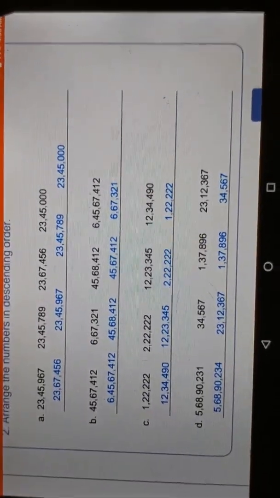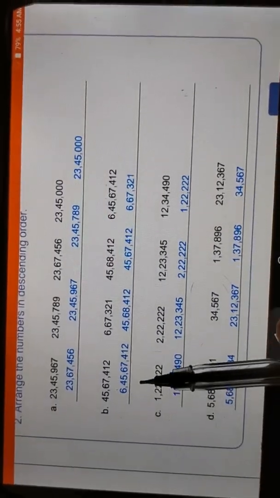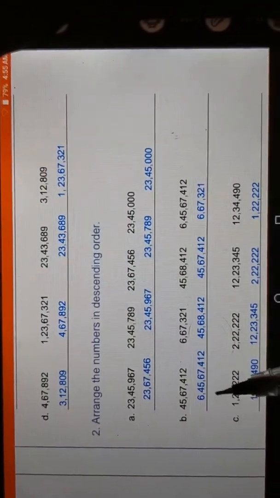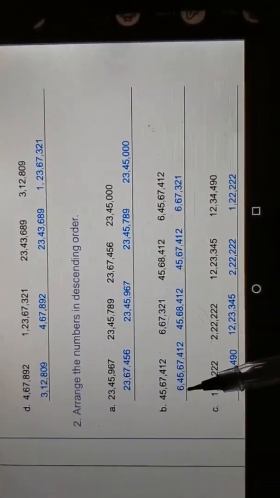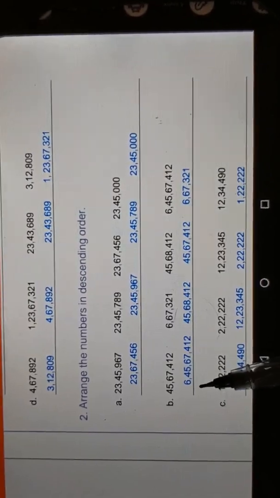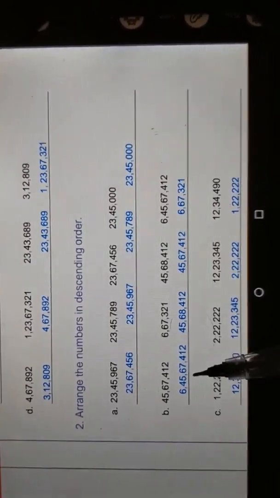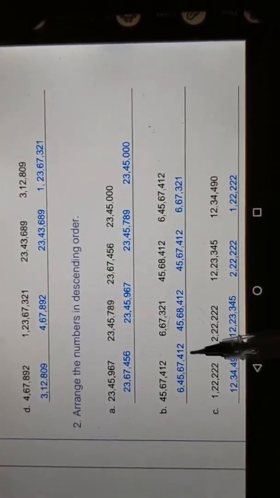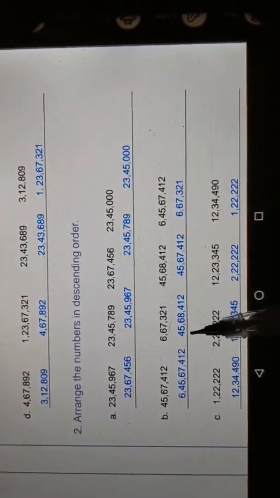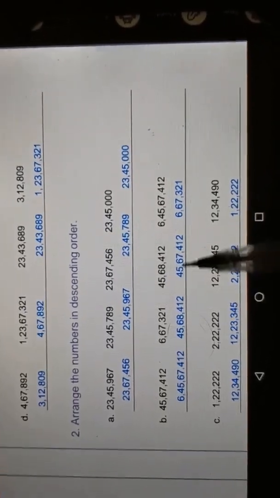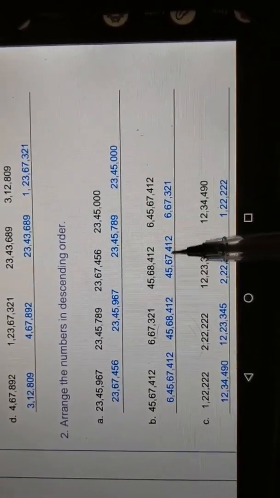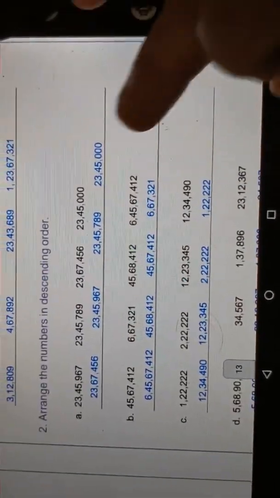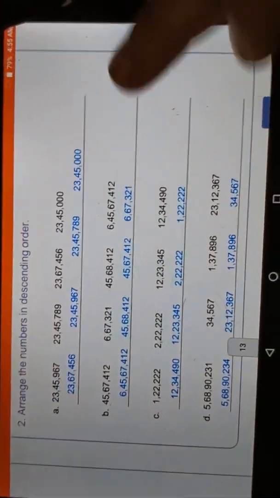So we have to write first of all 6 crore 45,600, 6 crore 45,000, 45 lakhs 67,412, 45 lakhs 68,412, 45,67,412, 6,67,321. Now students, I'll give you 1 minute, so you have to complete your work.